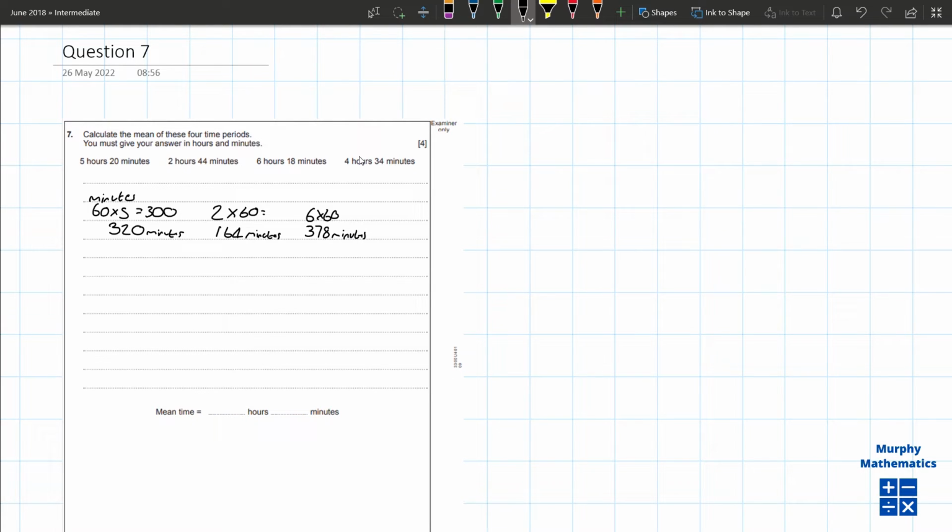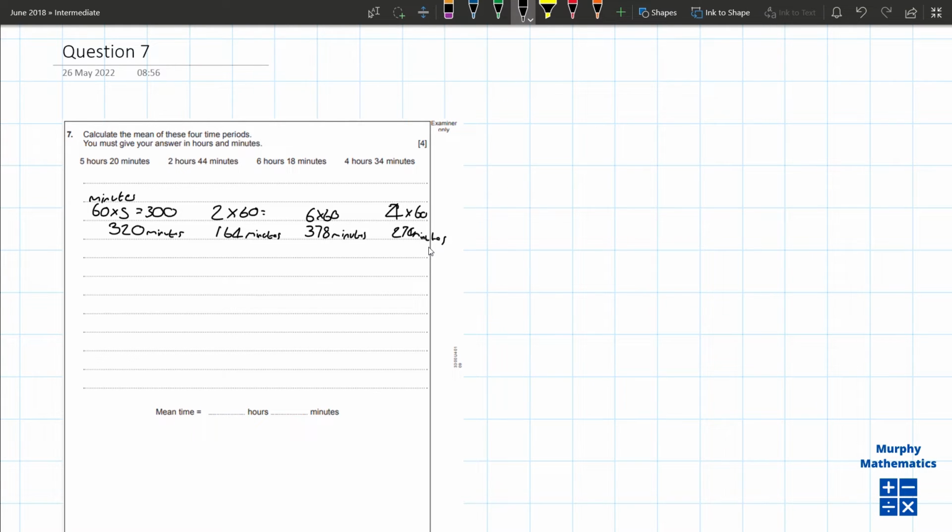So I've got 4 times 60, which is 240 plus 34, which is 274 altogether. So 4 times 60 plus 34, so 274.